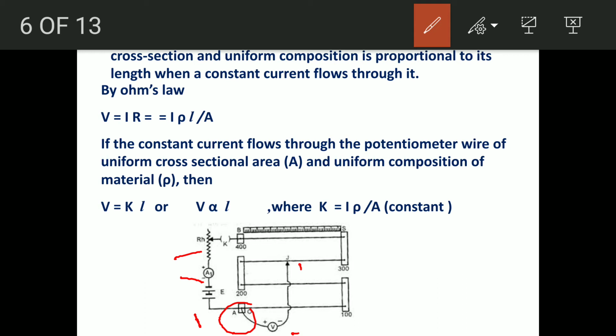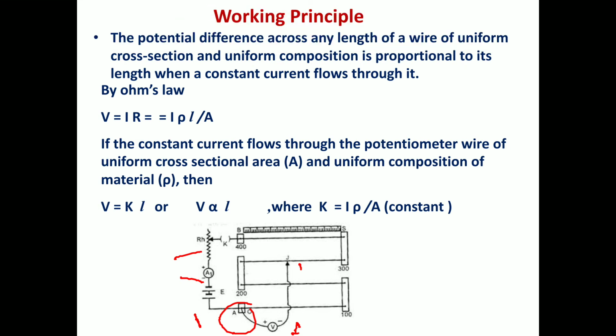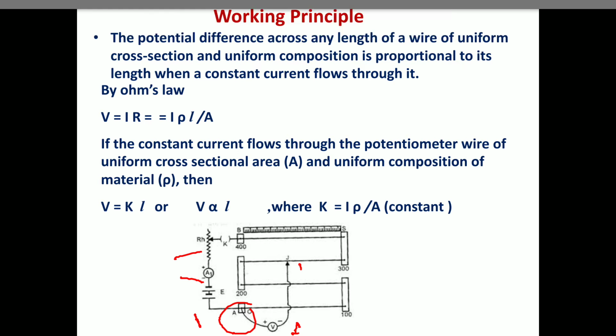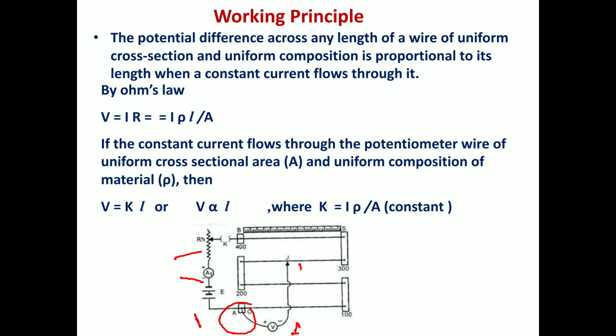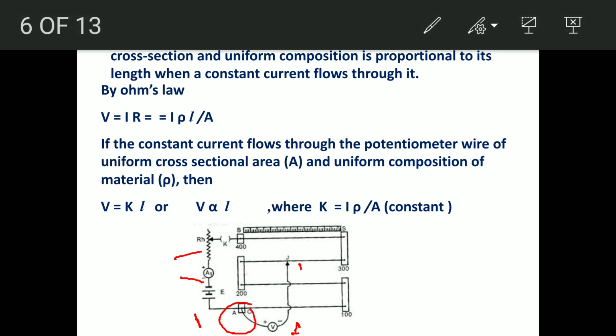Now if we go on changing the length of the wire, suppose we place the jockey at 50, that is 50 centimeter, somewhere here. Suppose we placed it at 50, or 100, then we bring it to 200, then 300, then 400.